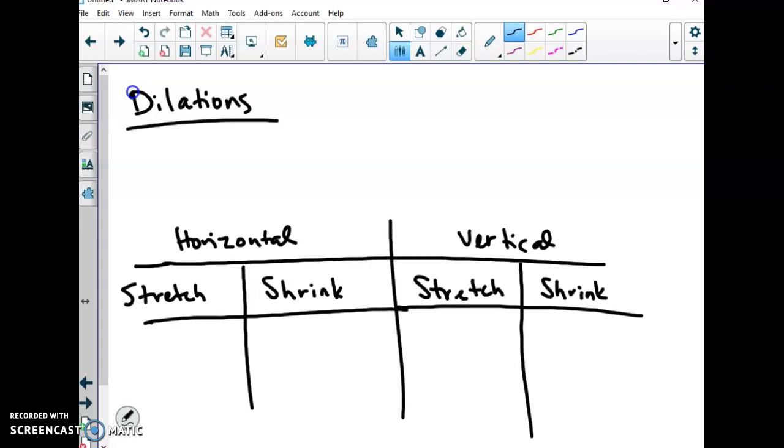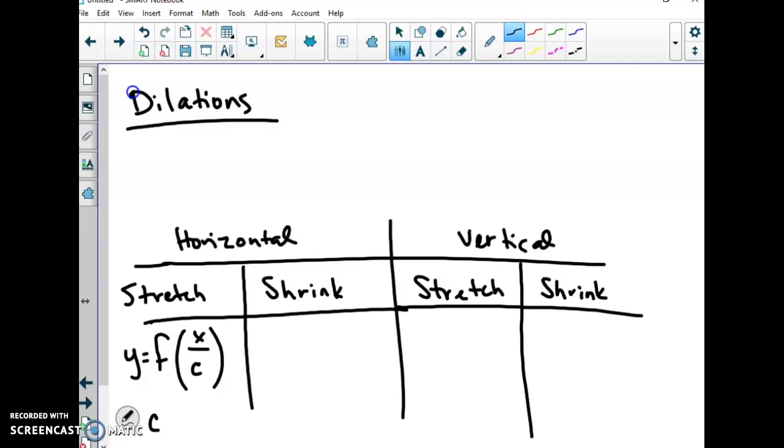Alright, so let's look at just the horizontal. Basically, the difference between a stretch or a shrink is whatever our c value is. If it's a horizontal, it's going to be in the form of y equals f of x divided by c. So you're basically giving yourself a kind of fraction.